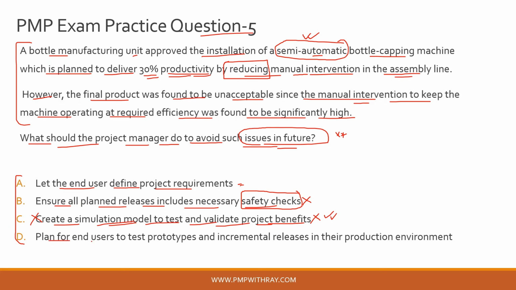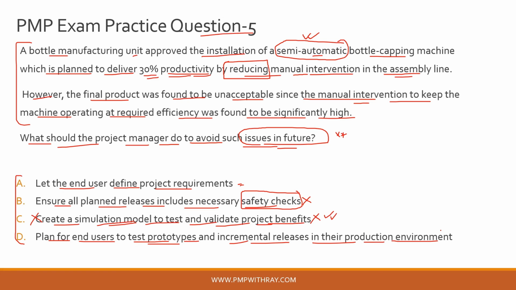Option D, plan for end users to test prototypes and incremental releases in their production environment. So it's asking that you need to plan for the end users, who are, let's say, the employees working with this bottle capping machine at the end of line, and plan some test prototypes with them and do incremental releases in the production environment.